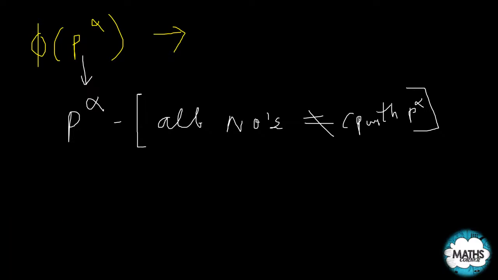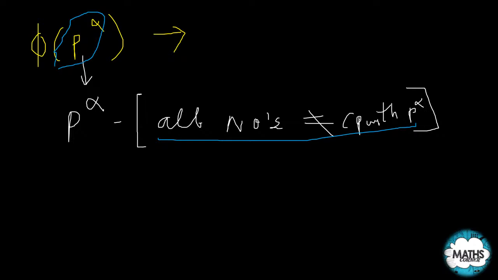So total minus not co-prime will give me the number of co-primes. So let me write down all the numbers which are not co-prime. Let us find out: how many numbers are there less than or equal to p to the power alpha such that the GCD with p to the power alpha is not equal to 1.